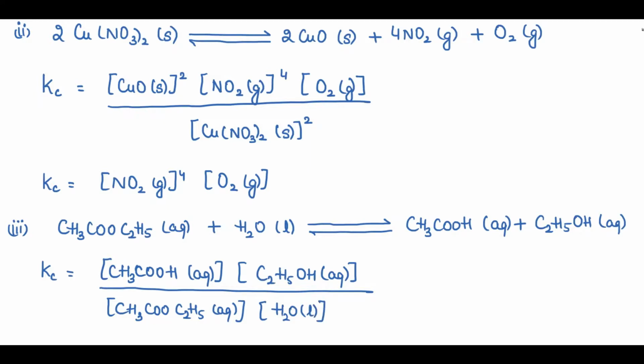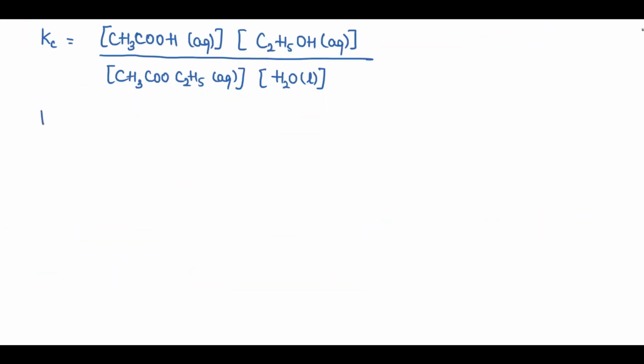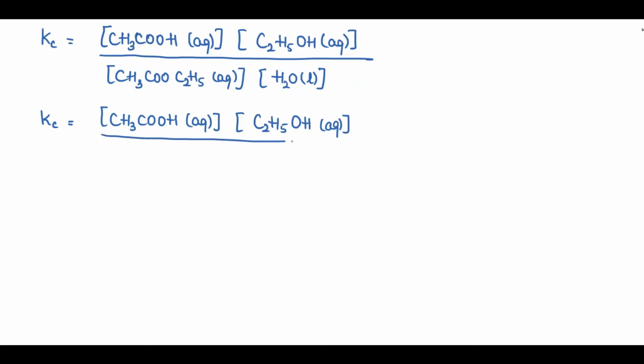And we know that concentration of pure compounds is always equal to 1, right? So we can ignore this concentration. Our final equilibrium constant expression will be CH3COOH aqueous into concentration of ethanol C2H5OH aqueous divided by concentration of CH3COOC2H5 aqueous, right? Let's see the fourth one.